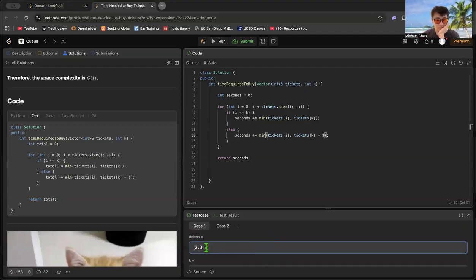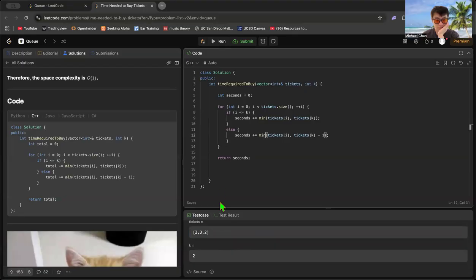Let's say this, right? So I have 2 through 2 here. i is smaller than k. k equals to 2, right? Seconds plus, so it's 2 seconds.